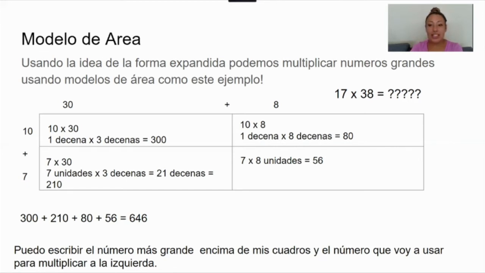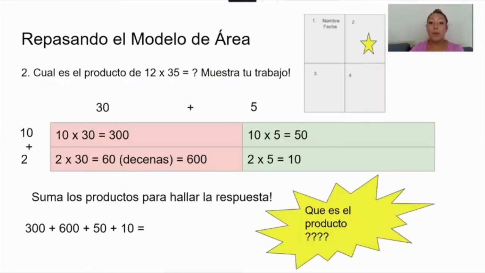Perfecto. Seguimos. Vamos a repasar este problema usando el modelo de área. Usando tu página de notas, puedes usar caja número 2 para escribir este ejemplo y para seguir conmigo. La pregunta es, ¿cuál es el producto de 12 multiplicado por 35? Muestra tu trabajo.